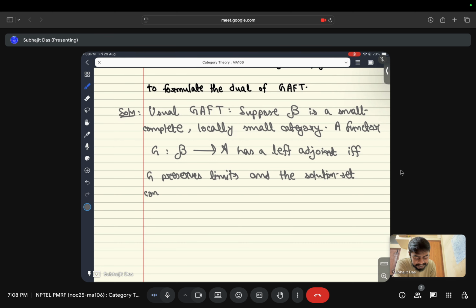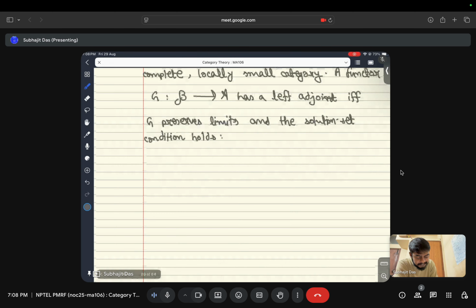The solution set condition essentially says that for each object A in A, if you look at the co-slice category A over G, then this category should have a weakly initial set. That is what the solution set condition says.